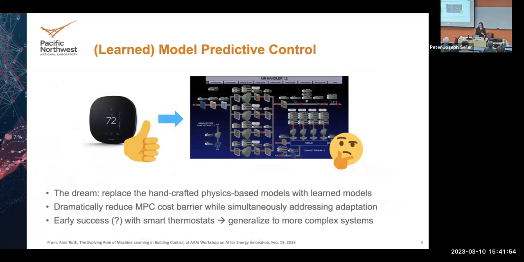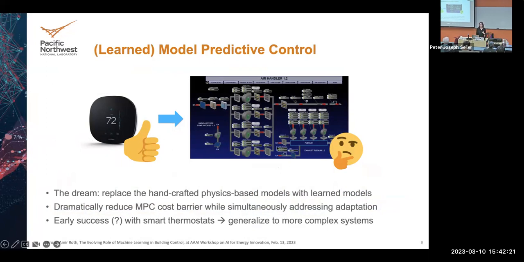And in this illustration, I'm basically showing the types of things that people have been successful at using machine learning approaches for, which are typically thermostats in buildings. These are typically available in residential buildings. They're also available everywhere in commercial buildings. But when we talk about controlling commercial buildings, we no longer talk about controlling thermostats.